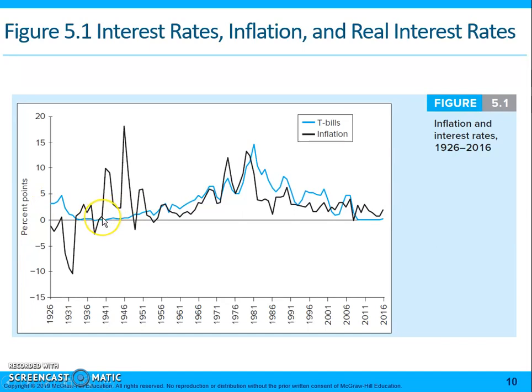Then in the late 30s and 40s, we had really high inflation and T-bill rates that were significantly below that, right here. So we had negative real interest rates. We also had the same thing after the 2008 recession, because T-bill rates were very close to zero, around 0.5% for much of that 2008 to 2016 period.